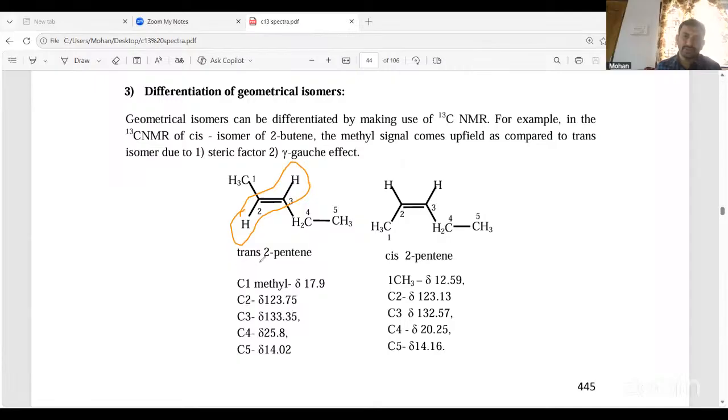So it is trans-2-pentene. And here the two hydrogens are on the same side, so it is cis-2-pentene. Now let us see the chemical shift values of the various carbons in these two geometrical isomers.